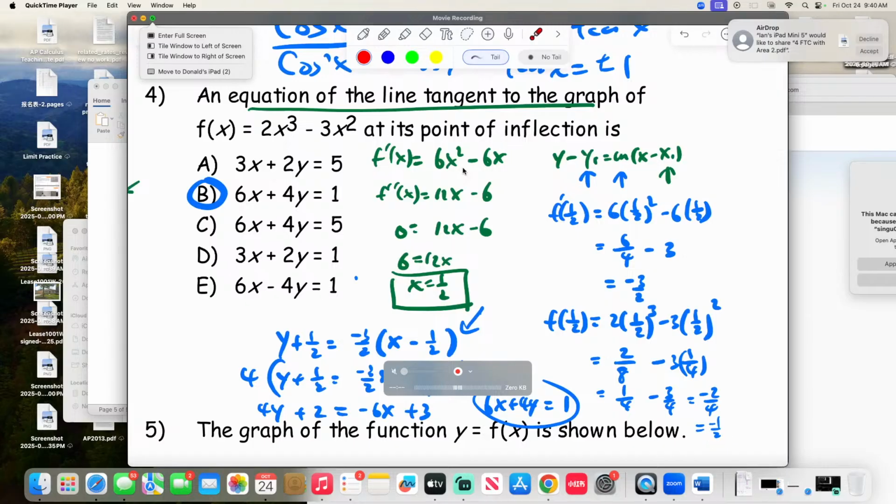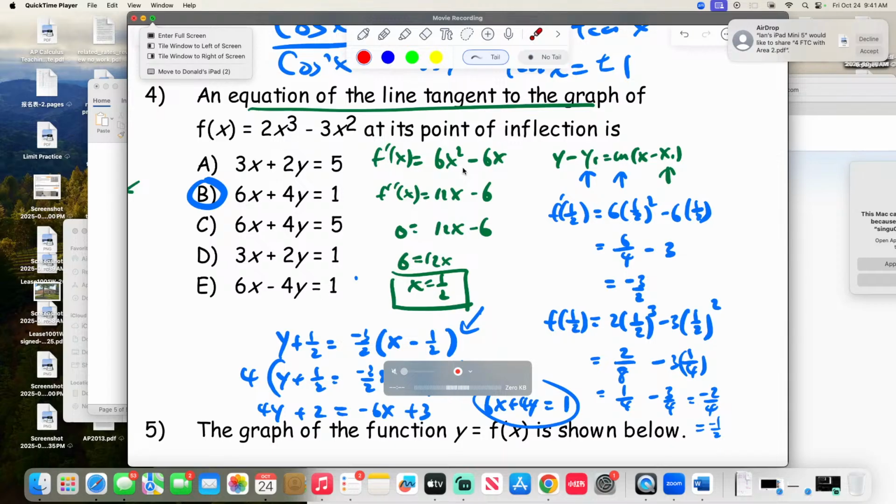In order to go from here to here, see, Purple, you think I want to give you a hard time. I don't. But you went from this step to this step with no work at all. Things don't add up. Why did you plug in 1/2? I plugged in 1/2 because I want the equation of the tangent line at the point of inflection. The tangent line is y minus y1 equal to m times x minus x1.